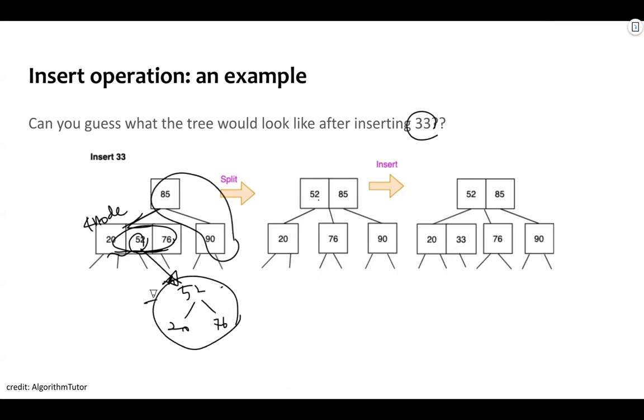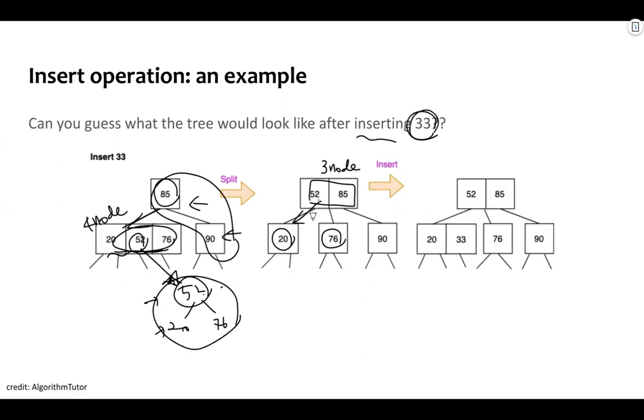And because this one is two levels, as you can see, 52 and 85 become a 3 node like this. And you put 20 here, 76 here. And then we're going to insert 33. And where should it go?